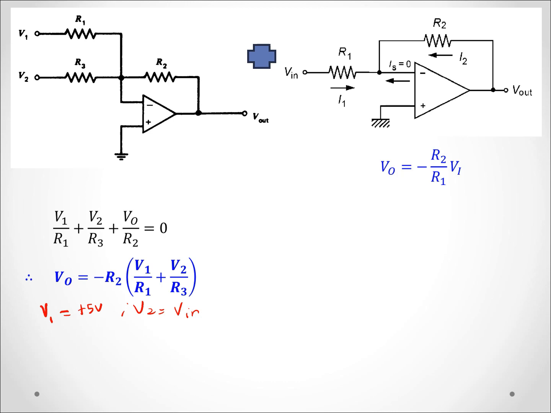So we replace this inside this equation, and we get V out is equal to negative R2 times 5 over R1 plus V in over R3.